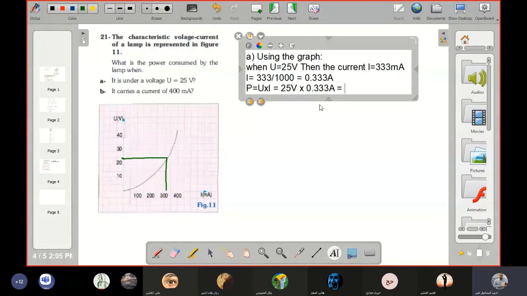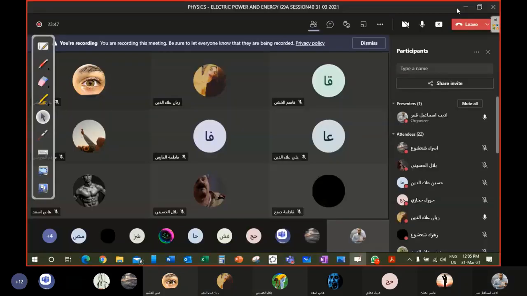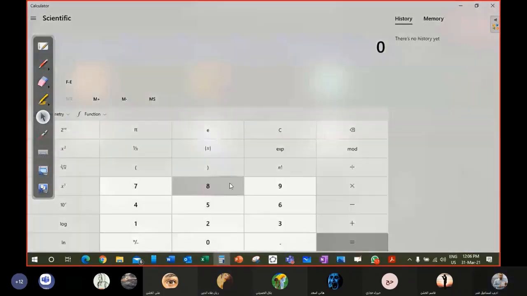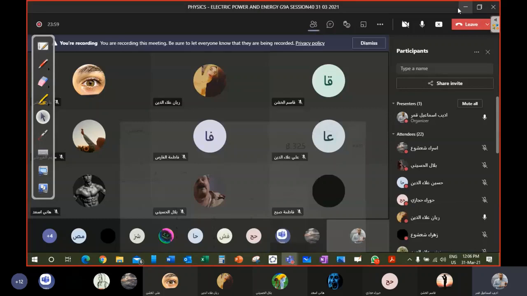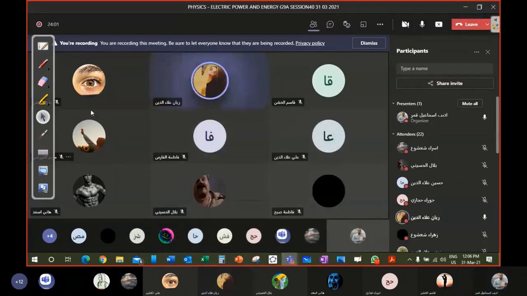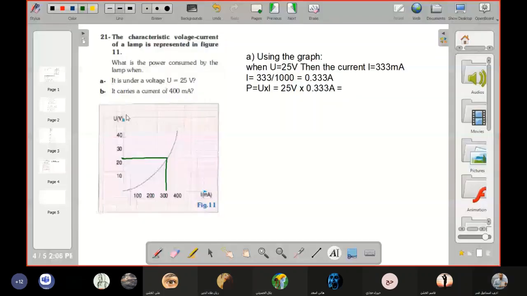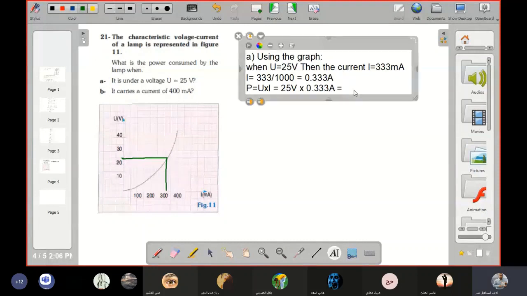The answer will be 25 times 0.333 ampere equal 8.325 watts. Very good. 8.325 watts. This is part A.